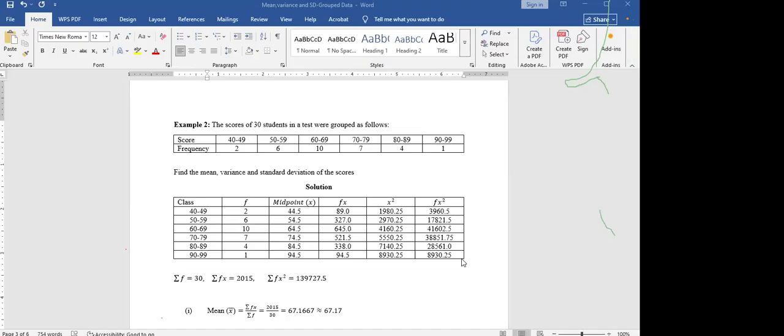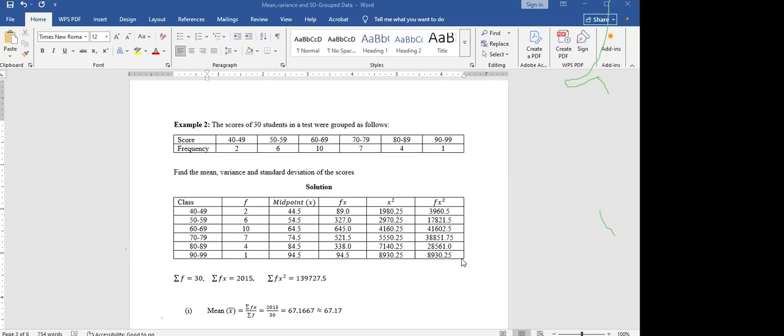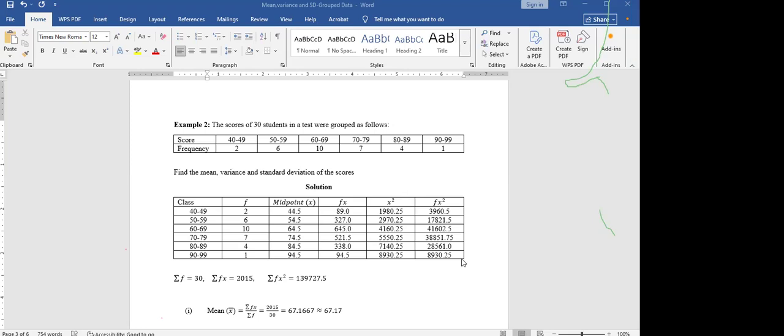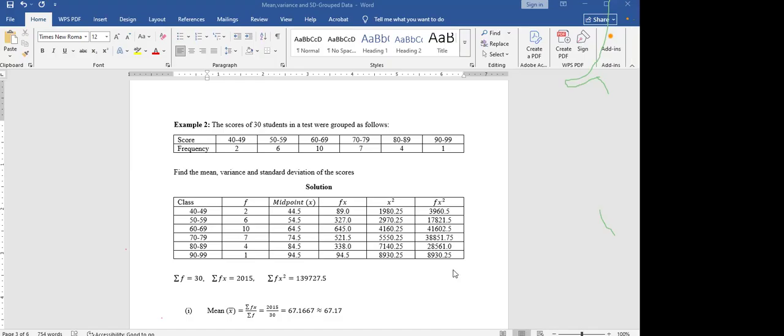If it's in an exam scenario, you put the heading just for me to know that this is the heading. If you put X alone, I will know, I will not be bothered. If you don't like it, don't put midpoint. Just put X. I know that it's midpoint. Okay, sir. Thank you. You're welcome.